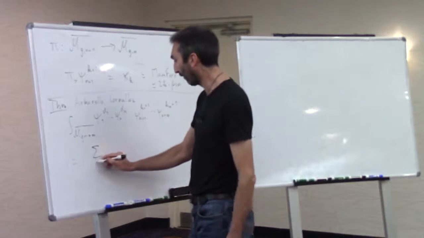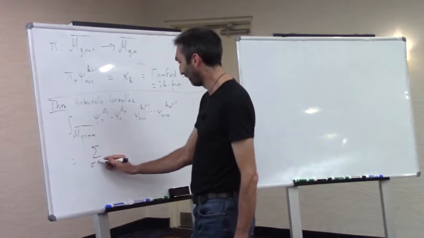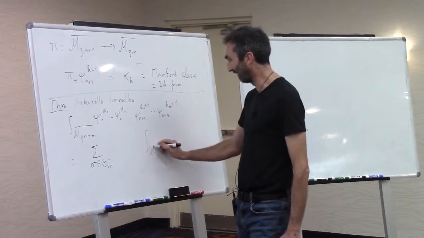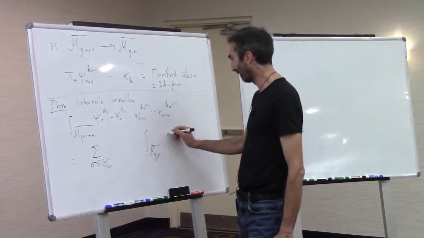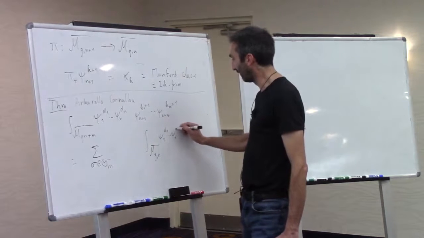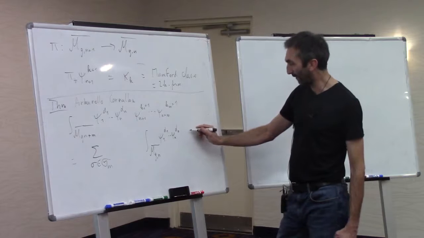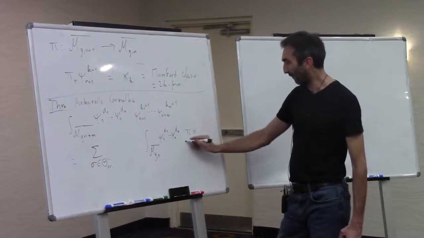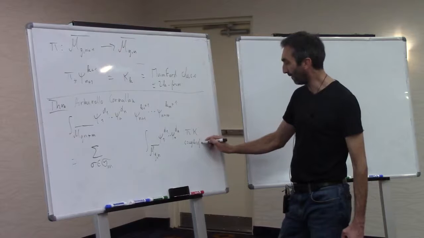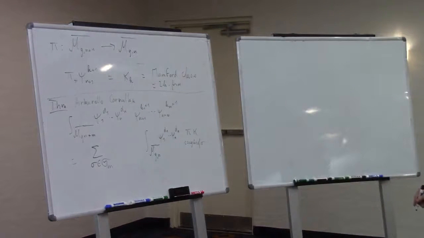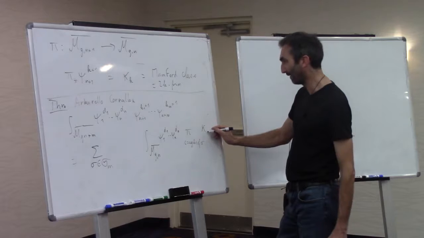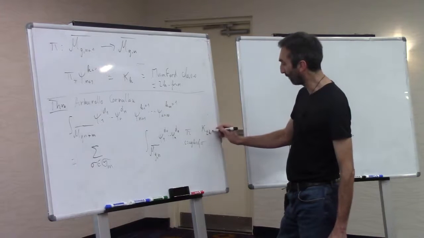This is the sum over all permutations sigma in S m of the integral over M g,n bar of psi 1 to the d1 ... psi n to the dn times the product over cycles C of sigma of kappa of C. Kappa of C is the sum of all the ki's that belong to the cycle C.